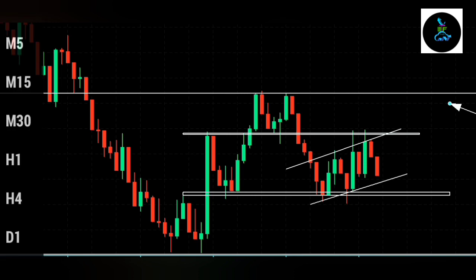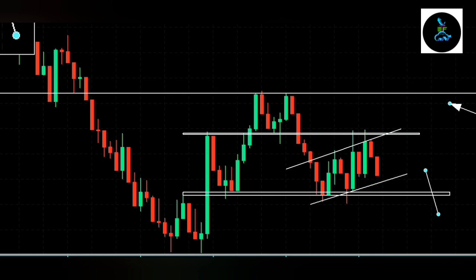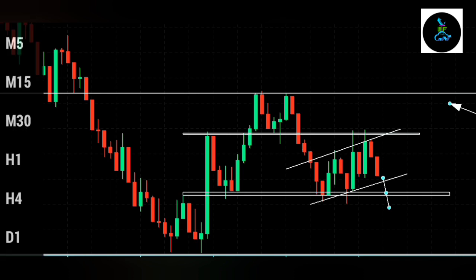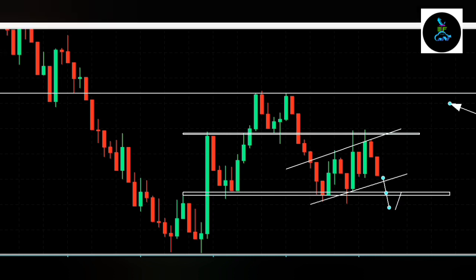We don't want any of you to feel overconfident doing this. So we are expecting the market to reach this level, as we told you. Now we want to make a clear picture for you. We are trying to draw a predicted move of the market.